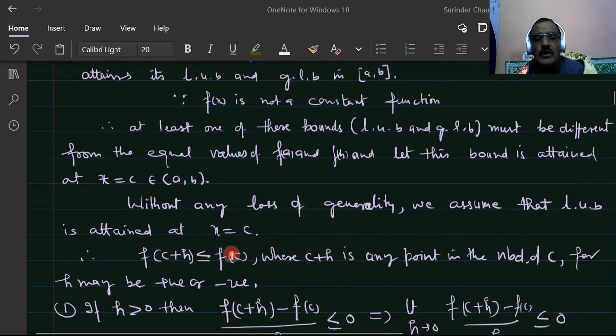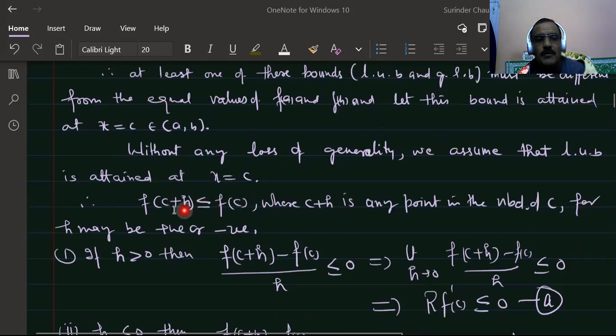It means f(c) is the largest in the neighborhood of c. So now suppose h is positive, we are discussing the right neighborhood. Taking f(c) to the left hand side, f(c + h) minus f(c) will be less than or equal to 0. If we divide an inequality by a positive number, the inequality stays the same.